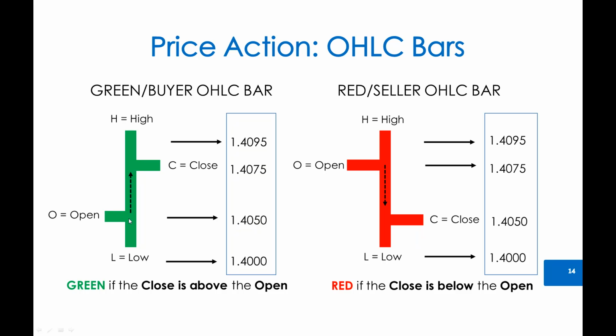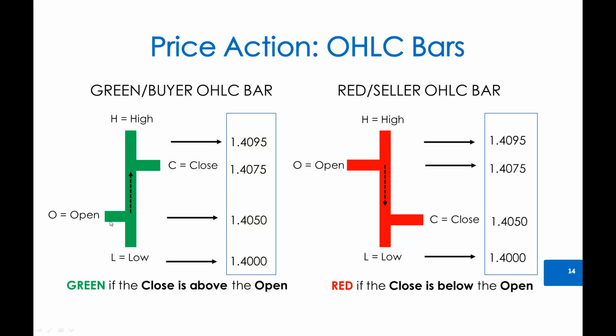During the period of time that the bar shows, it will show you the high that the bar pushed to. This would mark the high price. The low that the bar reached during that period of time would show you the low, and where it closed over here on the right hand side gives you the final price.